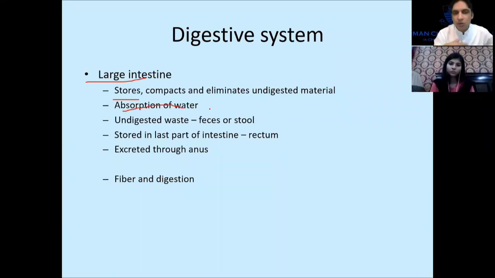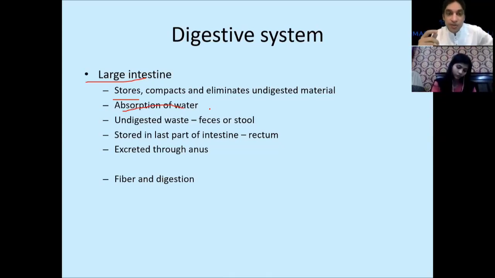But the composition of water is maintained so that it can travel well and move outside the body more easily. If the water is absorbed too much, the feces become dry and it can cause constipation. If the water is not absorbed enough, it can result in diarrhea. So most of the time, both of these things are an indication that something is not normal in the digestive system.